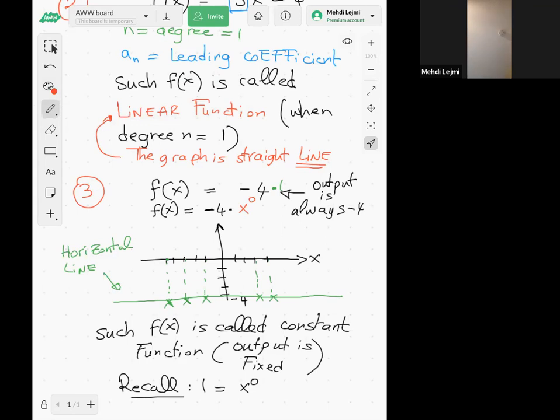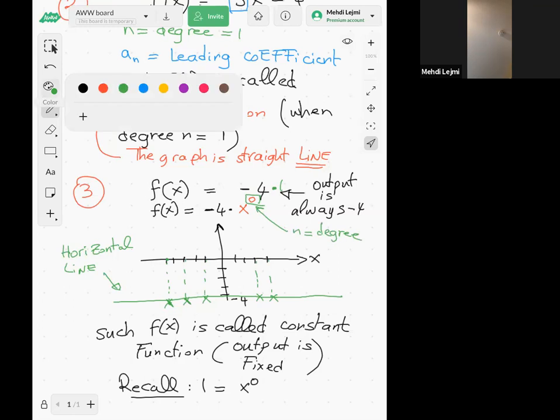So actually the highest power of x here, if you have just a constant, is 0. So my degree n in this case is 0. And of course, the leading coefficient would be this -4.